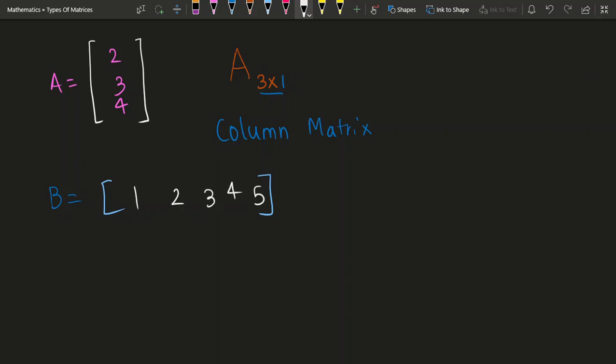So B has 5 columns but just one row. Analogous to what we have done for column matrix, this is called a row matrix. So a column matrix has one column and a row matrix has one row.